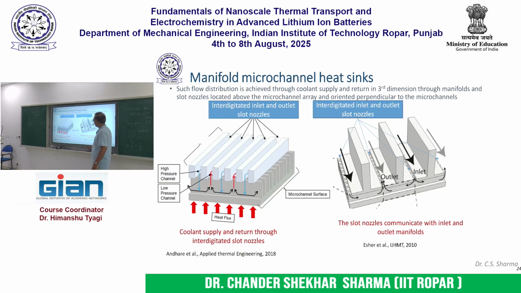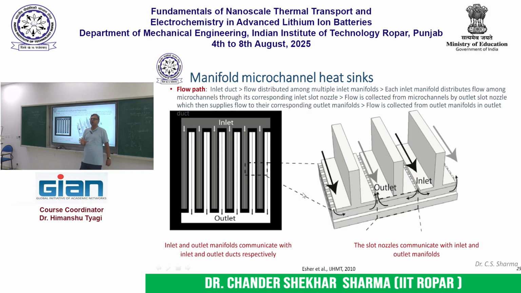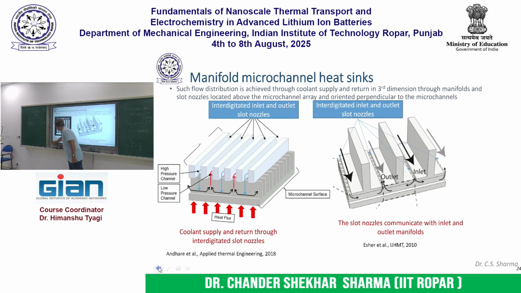So here you see two layers of channels. One is this, where the heat flux is coming like this. This is the first layer of microchannels, and this is a layer of mini channels. These are not microchannels, these are ducts of millimetric dimension. Here the microchannels will be of the dimension of, let's say, 100, 200 micrometers, but these will be of the order of a millimeter or so.